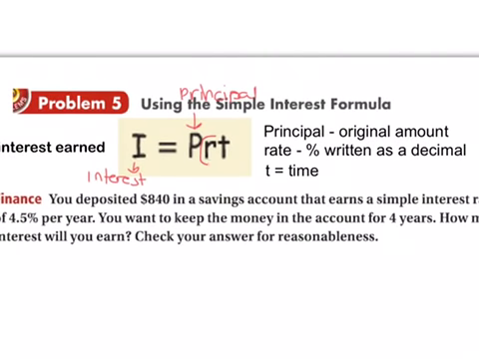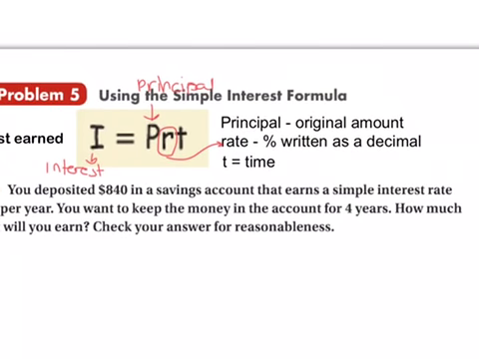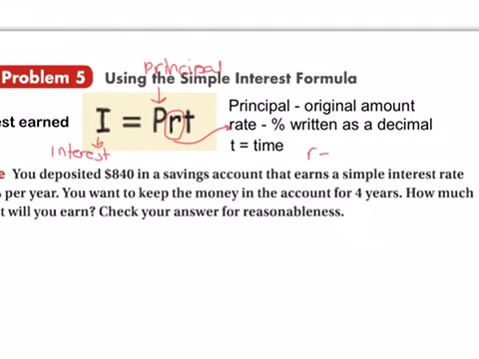Now the R is going to be the rate, but they say written as a decimal. So as an example, if the rate would have equaled 6%, I would write that as 0.06. We always shift that decimal 2 places to the left. And finally, the T represents the time, but it's got to be in years.